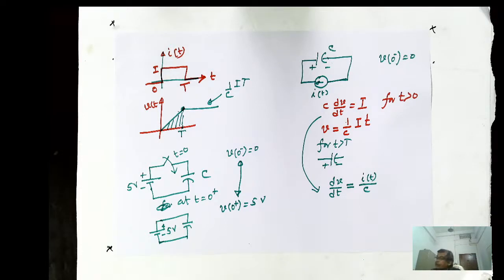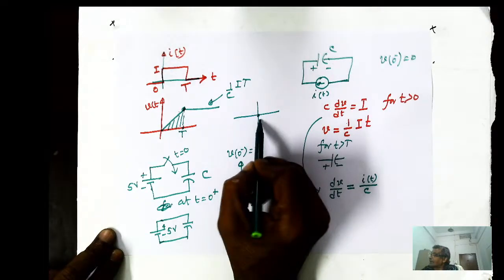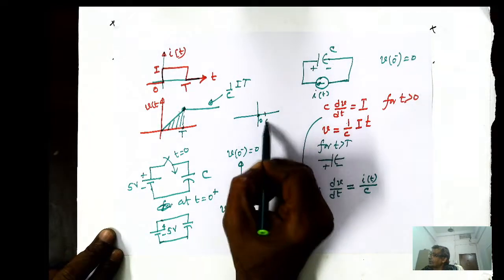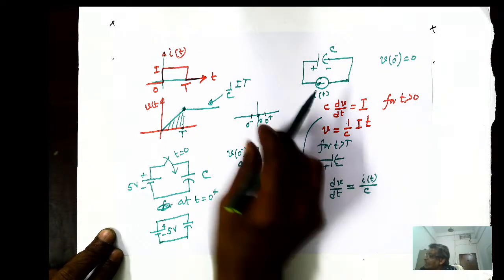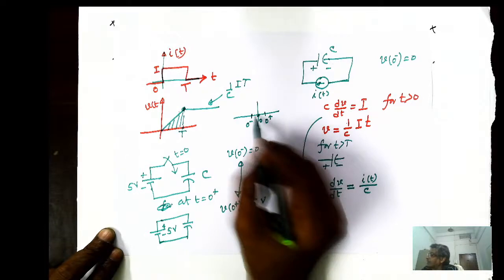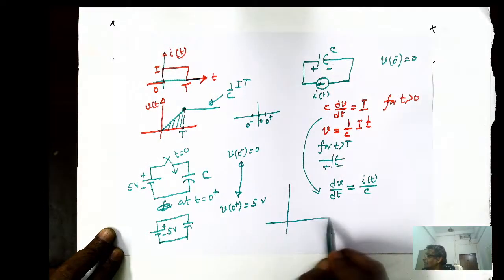You recall what 0 plus is: 0 plus is a time on this side and 0 minus is a time on this side, as small as you can think of.